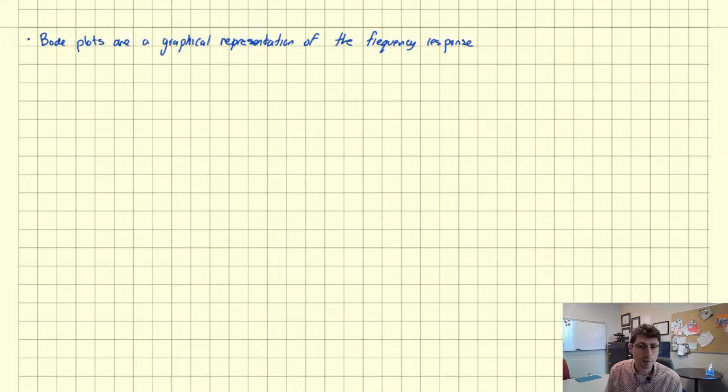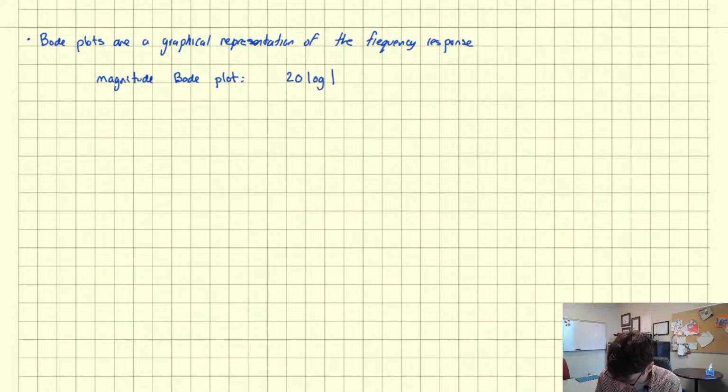Except that the axes are expressed in funny units, right? So you have the magnitude Bode plot, which is written in decibels. So you don't write the vertical axis in just the magnitude of G of j omega.